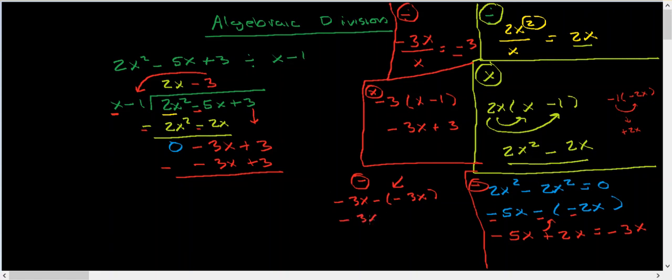So it's minus 3x plus 3x, which cancel out, and is equal to 0. And then we have plus 3 minus 3, which is equal to 0. Okay, and then these two here cancel out. So your answer then is this. Your answer is 2x minus 3.